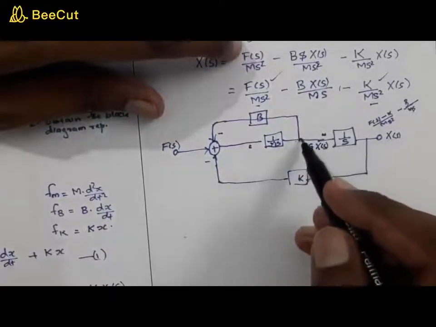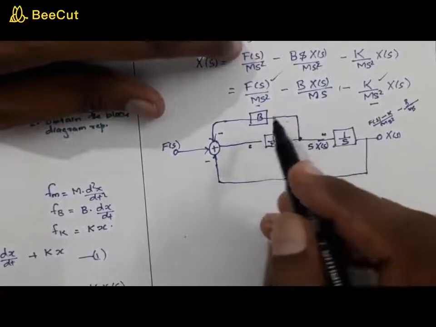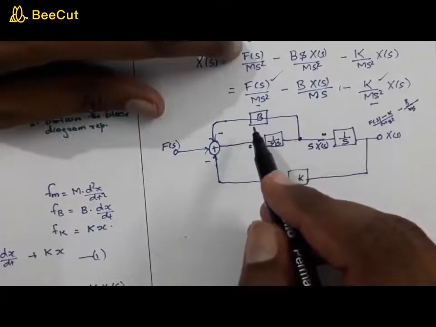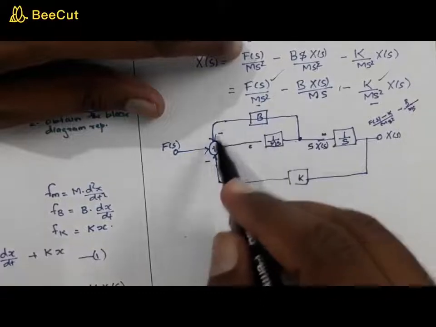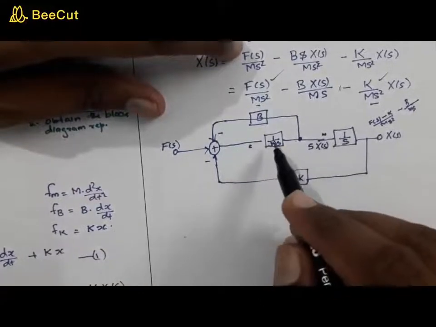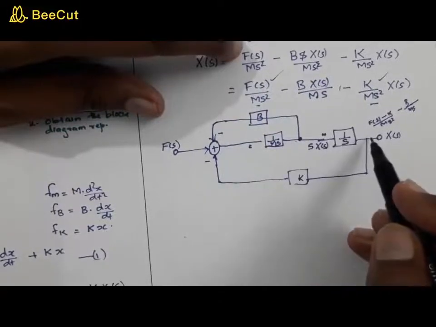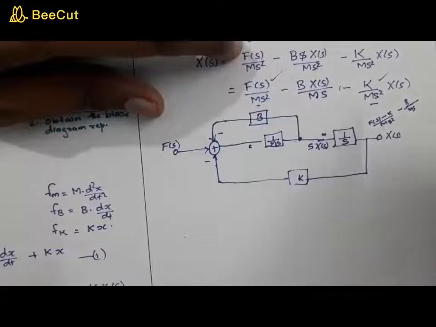So what it takes is b into s into x of s, right? It goes through this block and comes over here, so the final output will be bs by ms square, and this s and s get cancelled, so you'll be getting this.